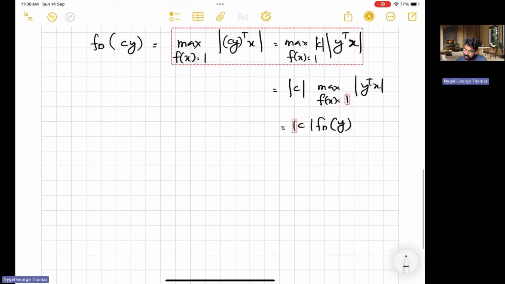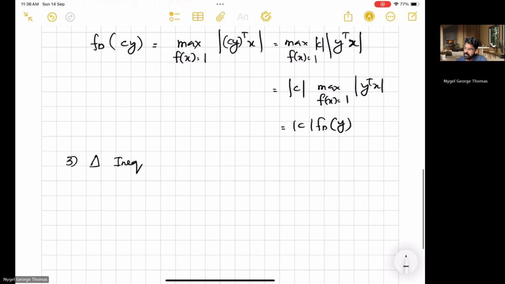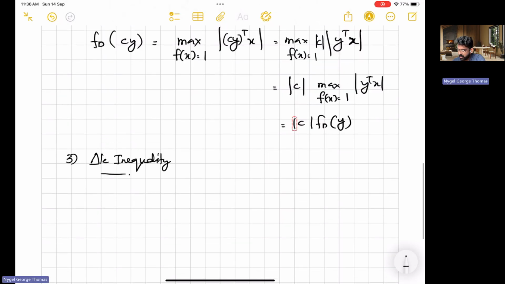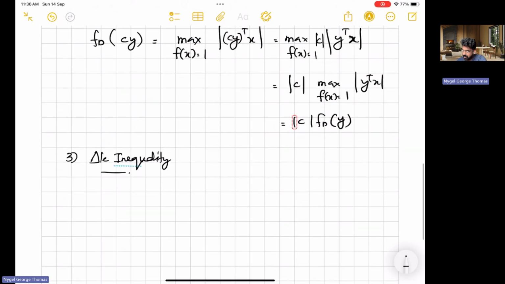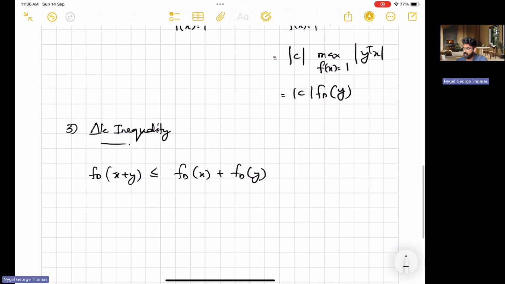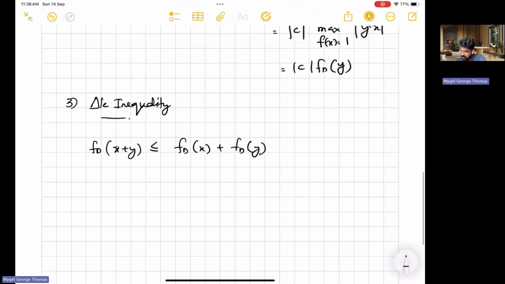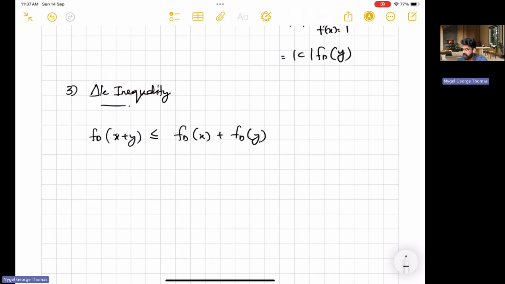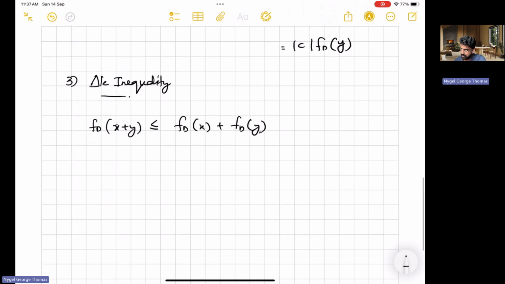Now let's look at triangular inequality. For triangular inequality, we have to prove that fd of x plus y is less than or equal to fd of x plus fd of y. Note that f of x is actually a prenorm, which does not satisfy triangular inequality.